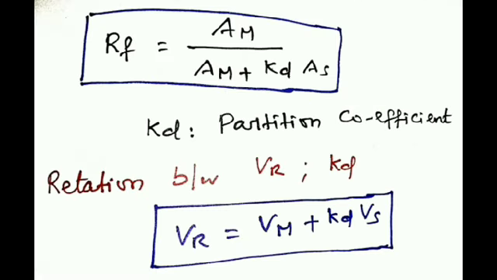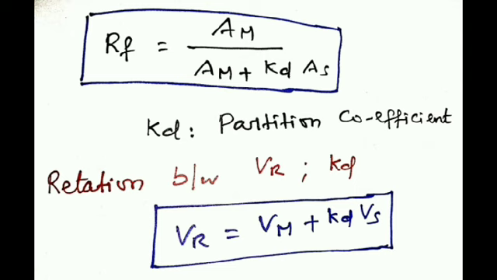This is the equation to correlate the rate of movement of a zone with the partition coefficient: RF equal to AM by (AM plus KD into AS), where AM is the area of mobile phase and AS is the area of stationary phase. RF is the retention factor, and KD is the partition coefficient.